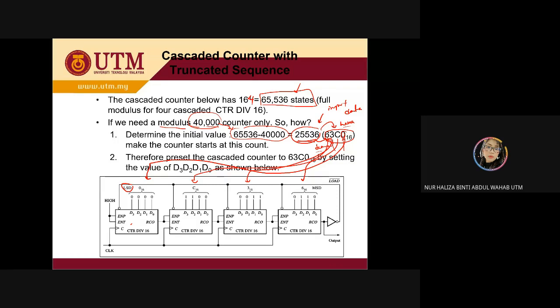Then you have the value in hexadecimal. But in terms of the connection, you have to use bit by bit. Hexadecimal has 4 bits altogether, so you convert hexa to binary for each digit.